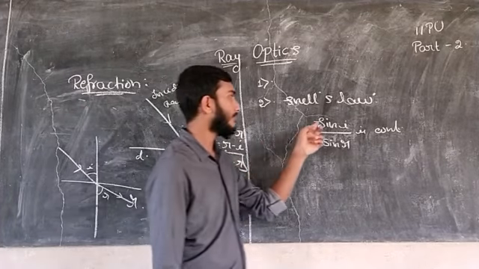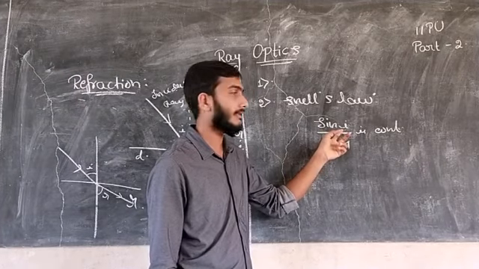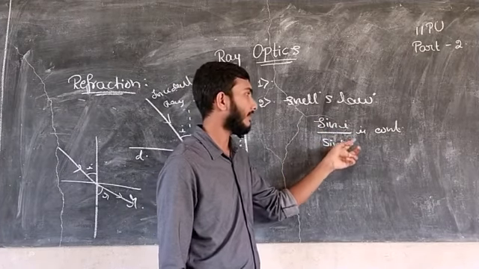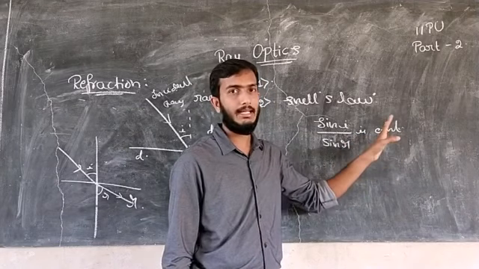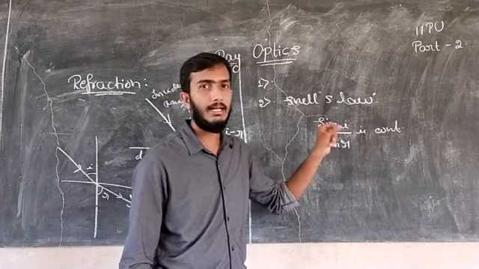So the ratio is constant for a given pair of media and color. It mainly depends on the given colors and the pair of media.